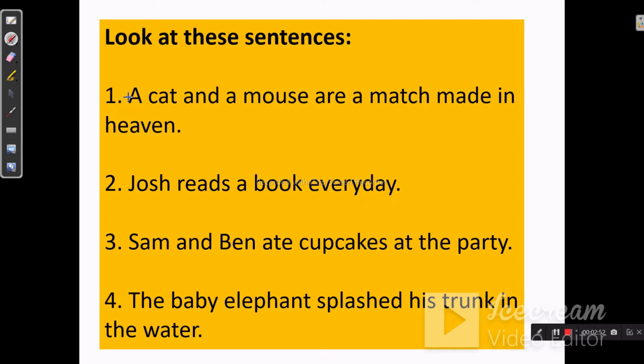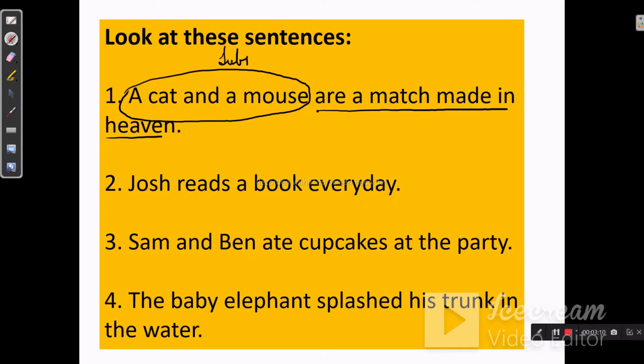We are talking about a cat and a mouse here. And what are the cat and mouse doing? They are a match made in heaven. That's the information we are getting about cat and mouse. So cat and mouse is subject. Are a match made in heaven is predicate.